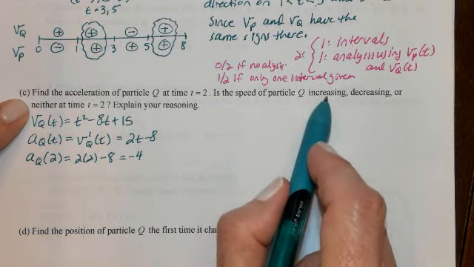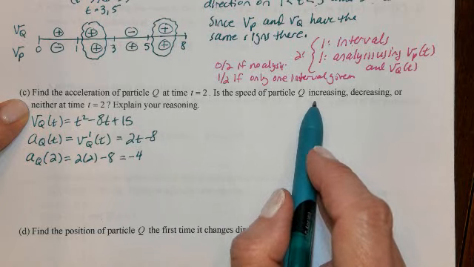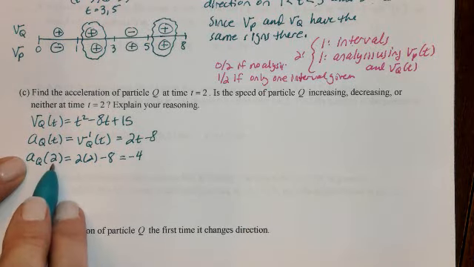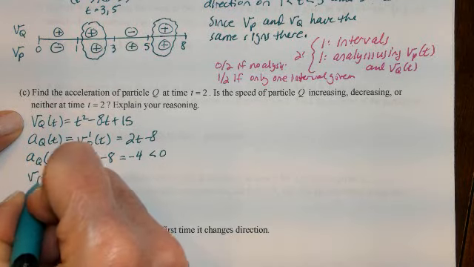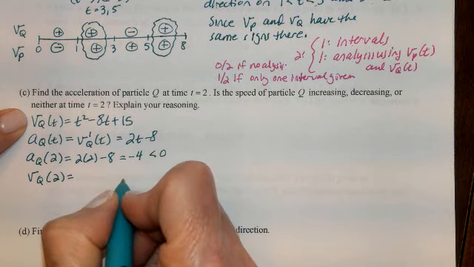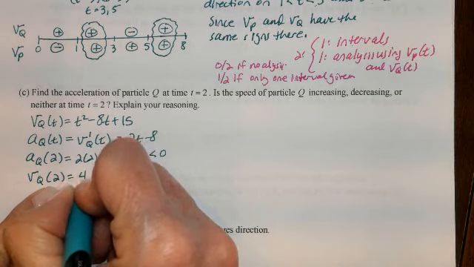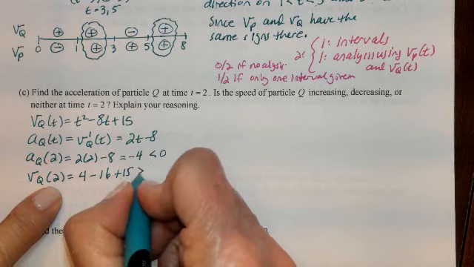Then, is the speed increasing, decreasing, or neither? Well, the speed is increasing when the acceleration and velocity have the same signs, and the speed is decreasing when acceleration and velocity have different signs. So I found the acceleration at time 2, and that was negative. Now I want to find the velocity at time 2 and see what sign that is. At time 2, this is going to be 4 minus 16 plus 15, and that is positive.